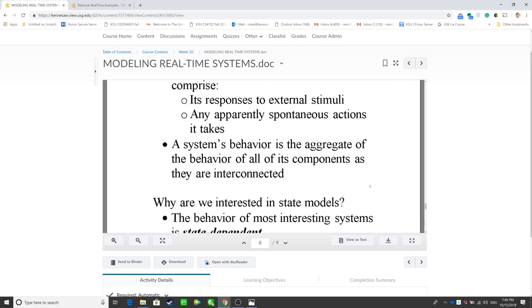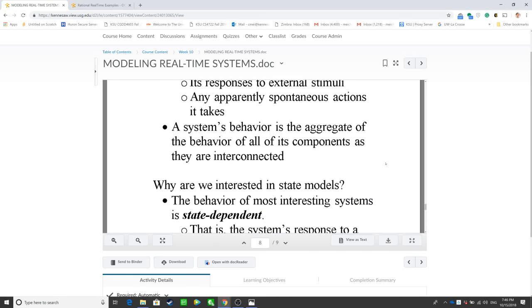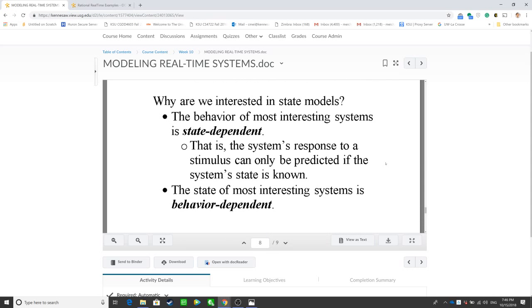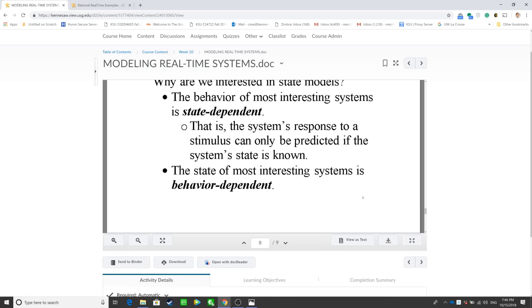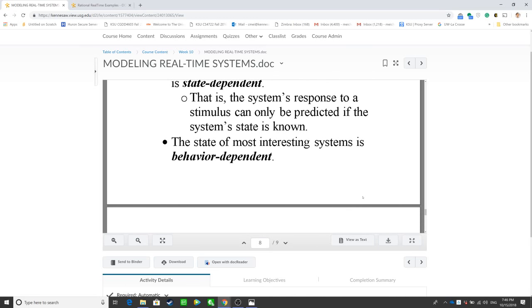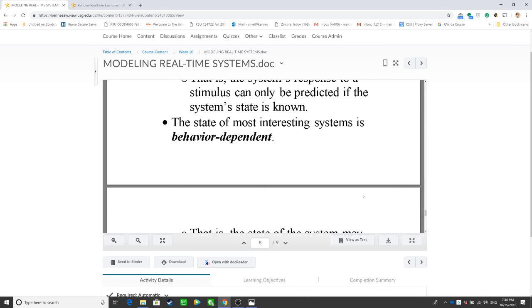They combine for the system's behavior. So what we're interested in in state models is that behavior is state dependent. Like what I mentioned, everything depends on the state: the input, and what kind of output, depends on the state.